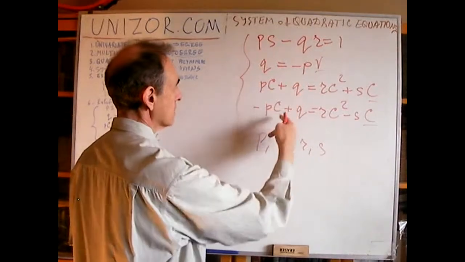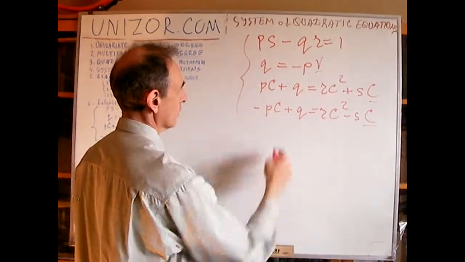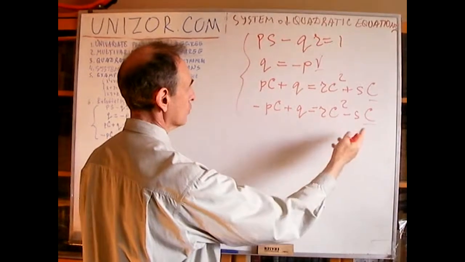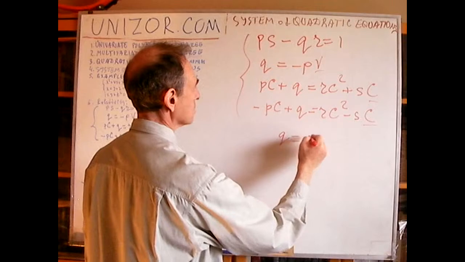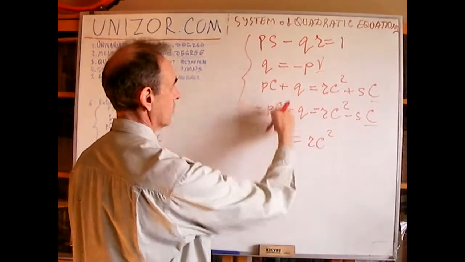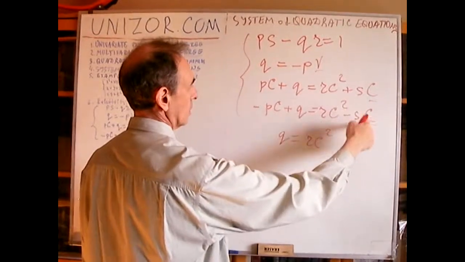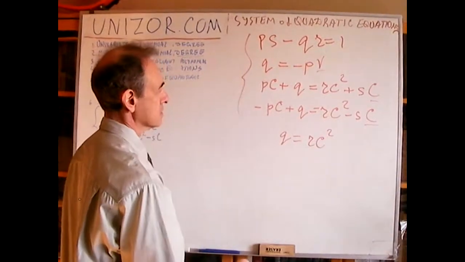Now here, these two, the easiest way to do it is add the 2 equations, and I will have Q equals RC squared, right? If you add, PC will eliminate each other. This will be 2Q and 2RC squared.